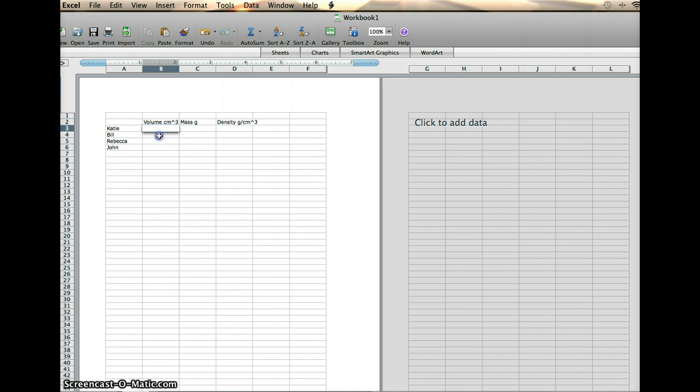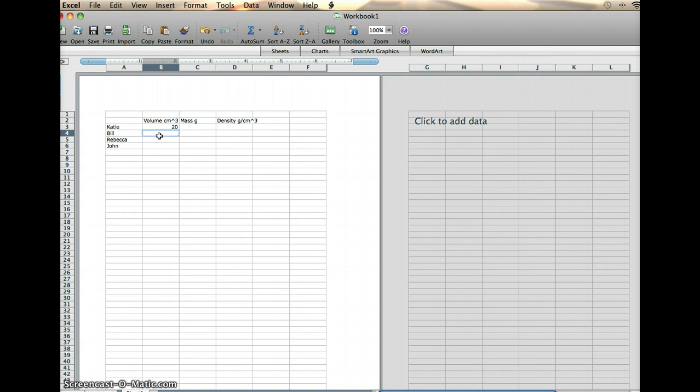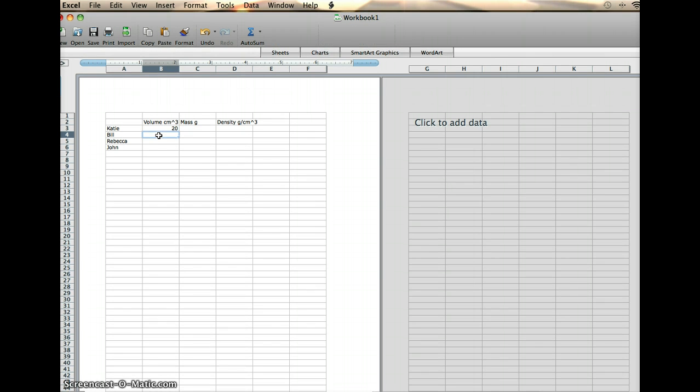And Bill's suitcase, which had 60 centimeters cubed, was a bit bigger. Next we have Jill, who's at 100. And John is at 88. So we have Katie's suitcase, who is the smallest, and Rebecca's suitcase, who is the biggest.